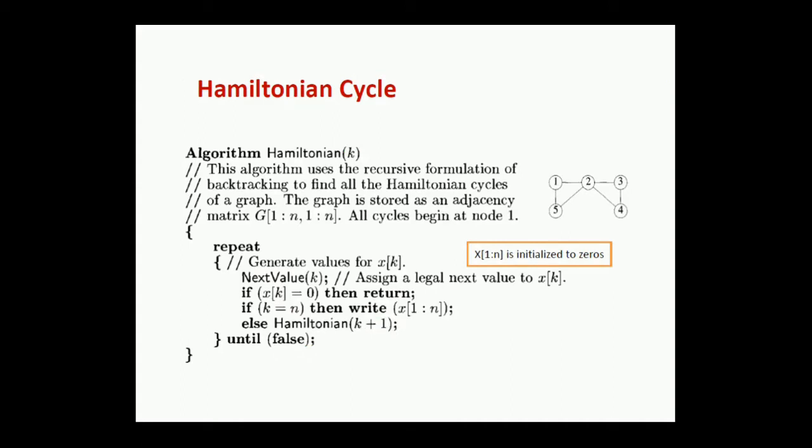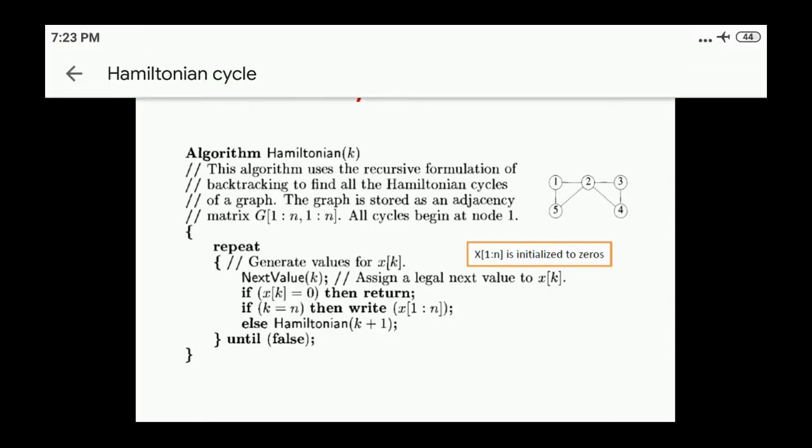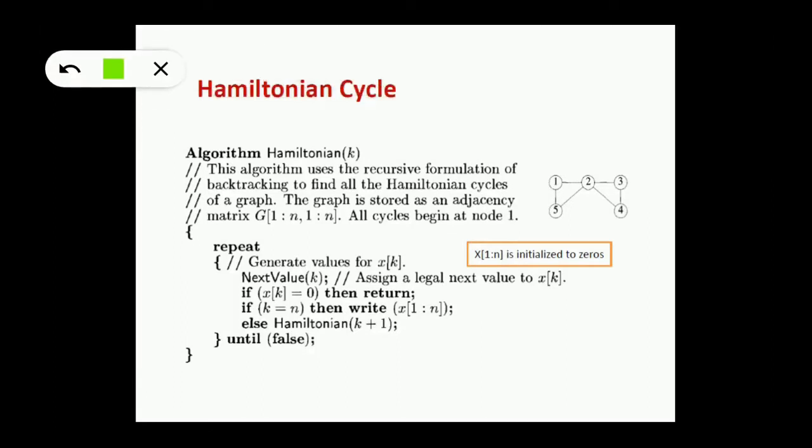Now this algorithm runs an indefinite number of times, right? That is, unless a solution has been obtained. So initially we assign x of 2 to x of n to zeros, and then in this repeat loop we make a call to the function next value of k.